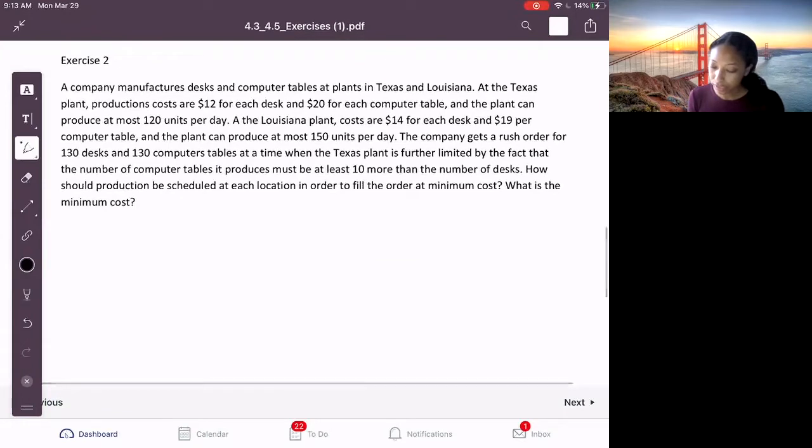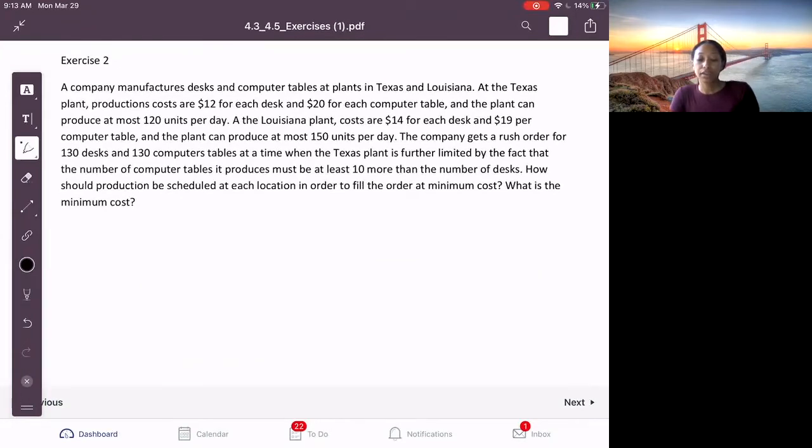Let's see, what are we doing in exercise 2? A company manufactures desks and computer tables at plants in Texas and Louisiana. At the Texas plant, production costs are $12 for each desk and $20 for each computer table, and the plant can produce at most 120 units per day.